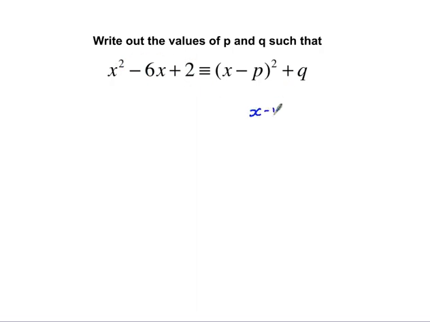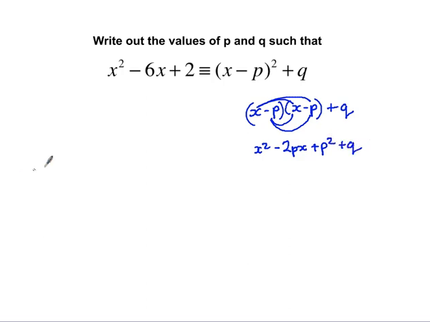So I'm going to expand all of this, and when we multiply out these double brackets, we get x squared minus 2 lots of px, plus p squared plus q. So what we're going to do now is equate the coefficients in each of these things.